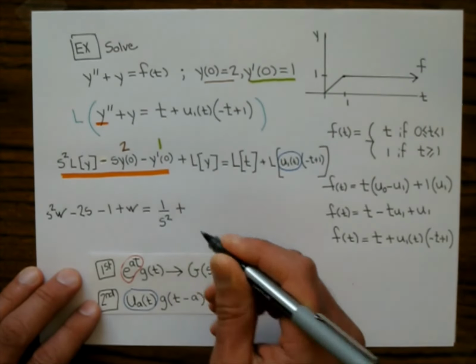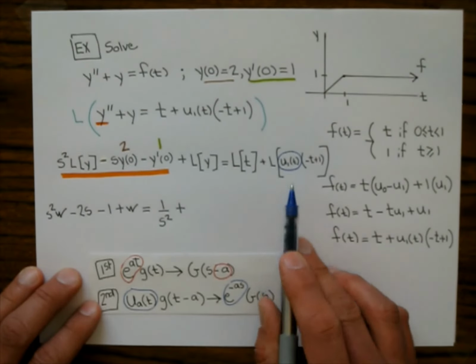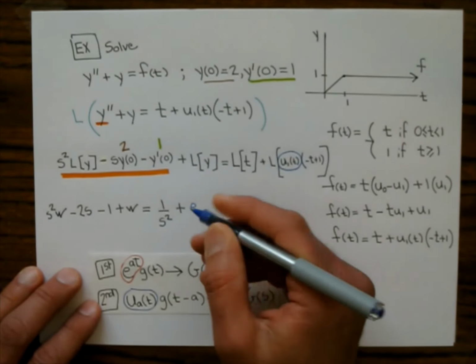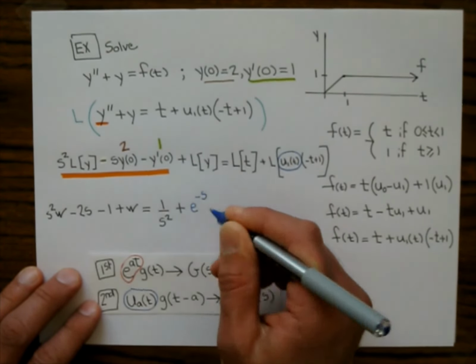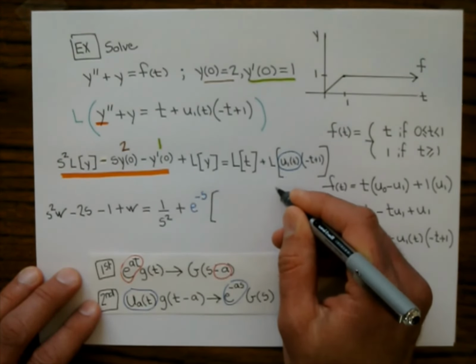I'm going to have plus, so see what happens here. We have u sub a. We know that this is going to be e to the negative s, because there's a 1 there, negative 1s. So this is going to be e to the negative s. And that's going to be multiplied by something.